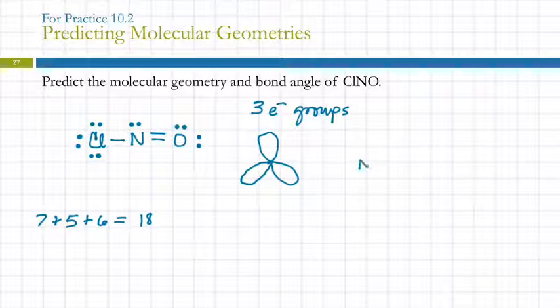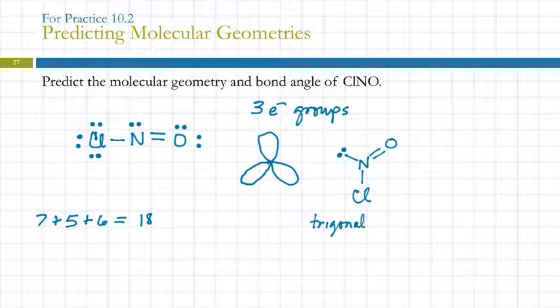So we're going to have the nitrogen, and we're going to have oxygen, and we're going to have a lone pair, and chlorine. So what's the electron geometry? Trigonal planar, right? Trigonal planar. That's looking at the electrons.